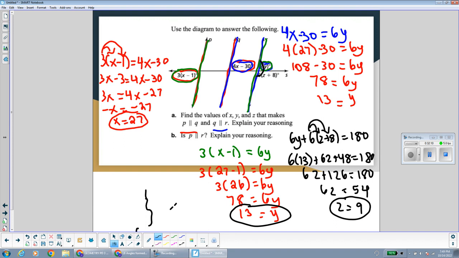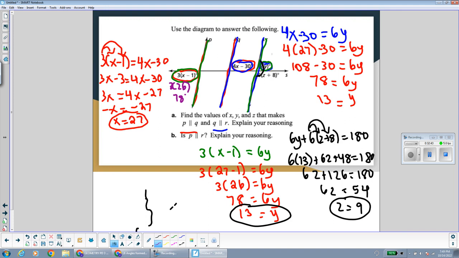Part B says, would P be parallel to R? Well, we know that if lines are parallel, the alternate exterior angles would be congruent. We found our x value is 27. So this angle over here would be 3 times 26, and 3 times 26 is 78.